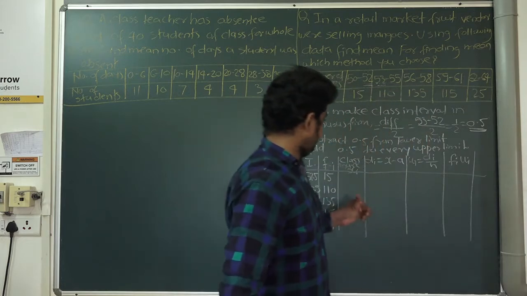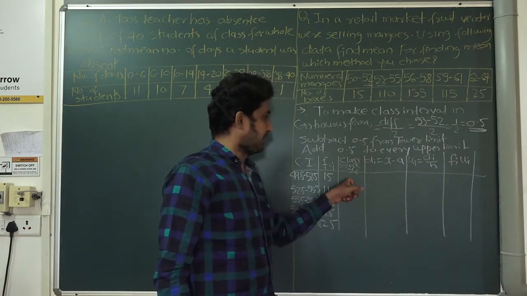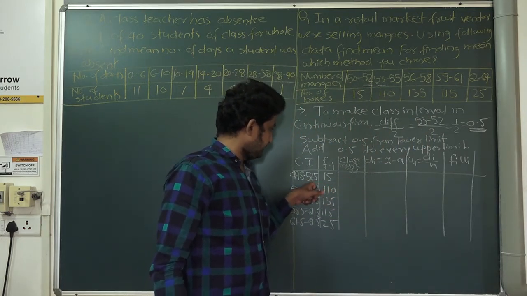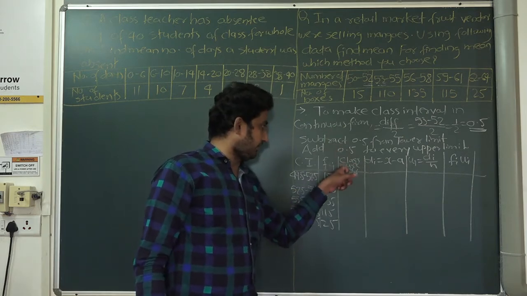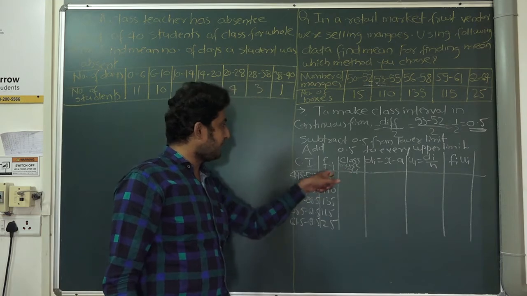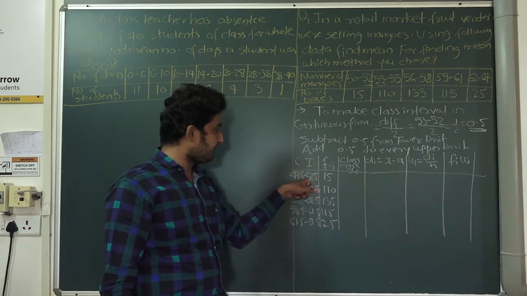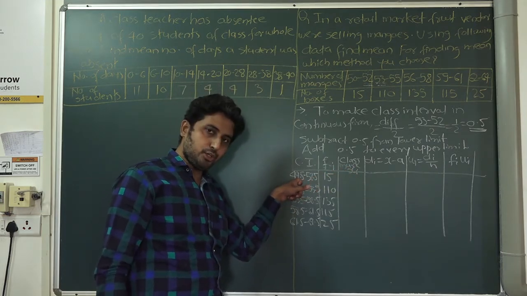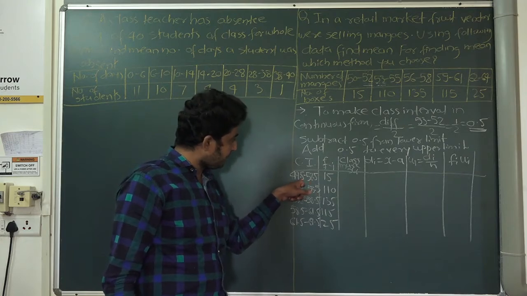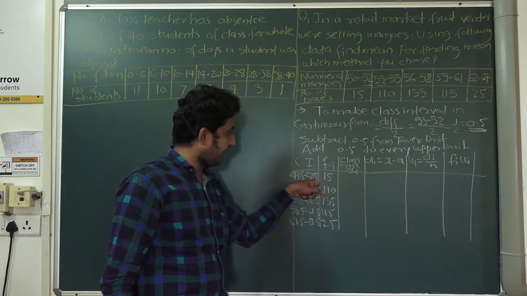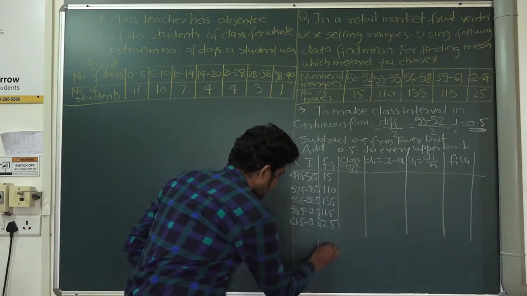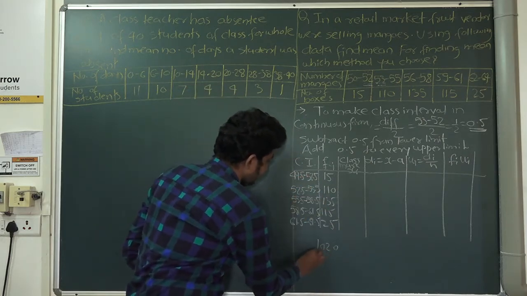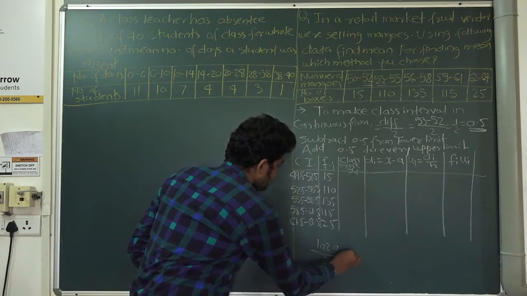Now here, the class mark, as I told you in my previous video, is nothing but the sum of the lower and upper limit divided by 2. So 49.5 plus 52.5 upon 2. So it is 102.0, upon 2, that becomes 51.